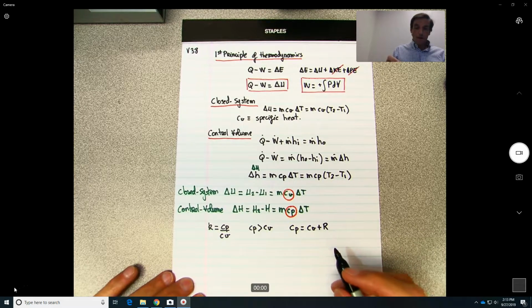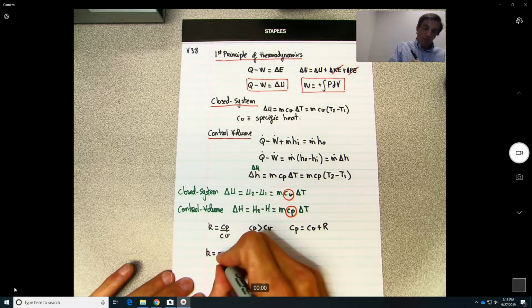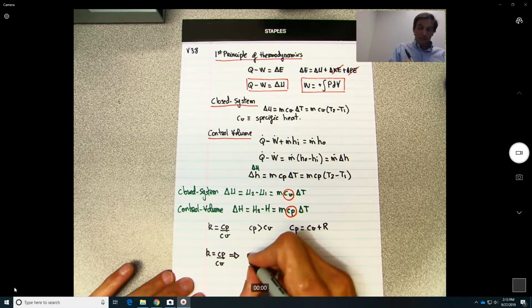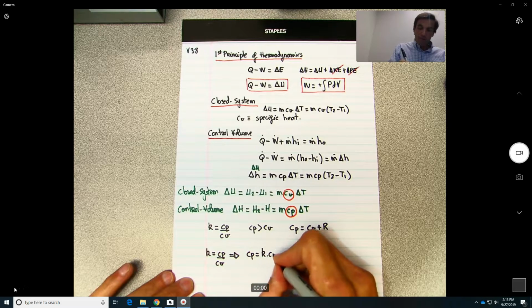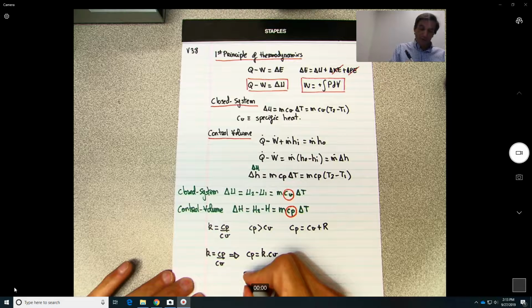Let's say that using k equals Cp over Cv, that's going to give us that Cp is equal to k times C sub V. So now, if we replace over here, what do we have?